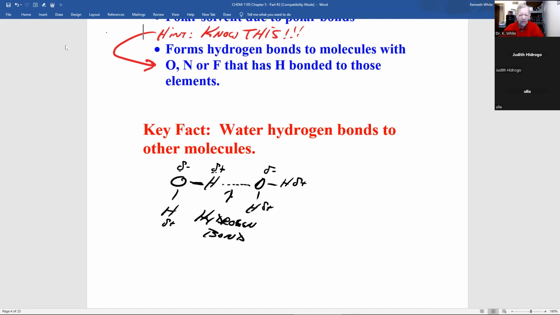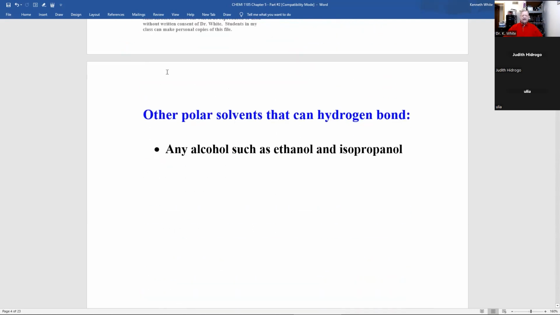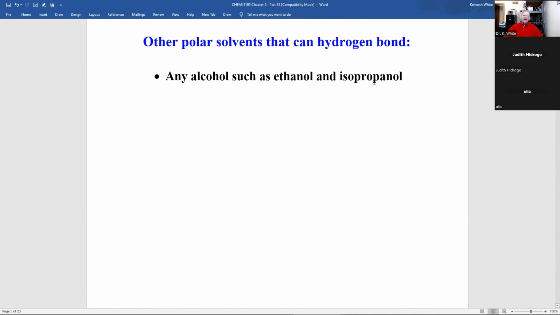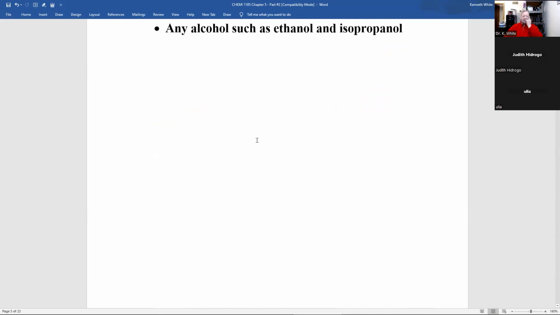And you should know water can hydrogen bond to other molecules like ethanol, like isopropyl alcohol. That hydrogen bonding allows the two to make a solution. So it can hydrogen bond to ethanol and isopropyl alcohol, also known as isopropanol or 2-propanol.